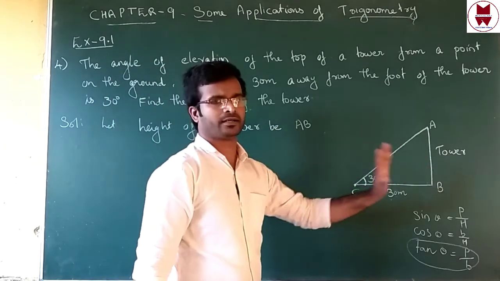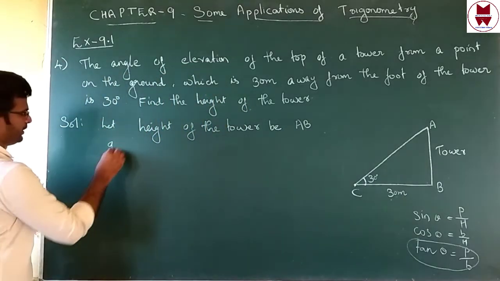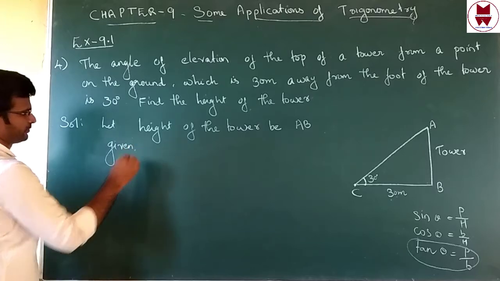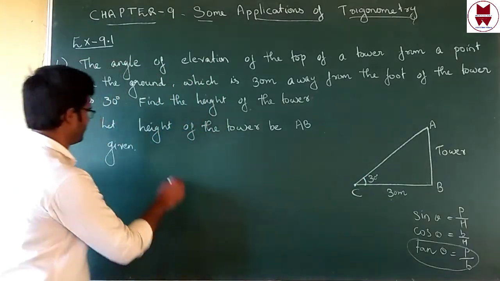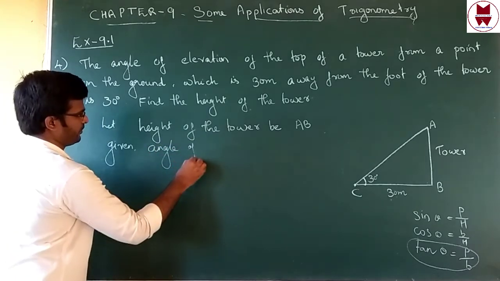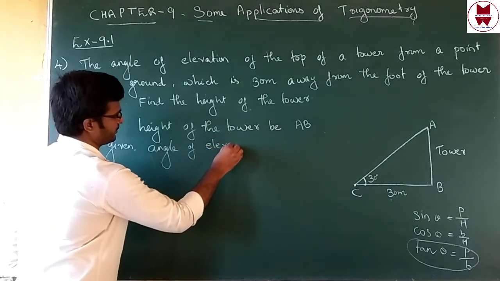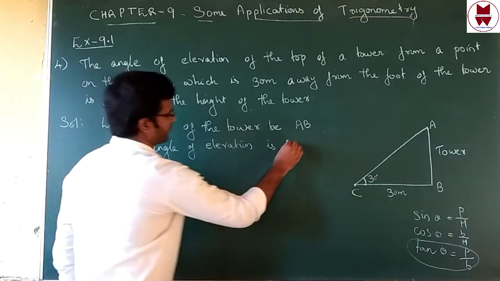AB is the height of the tower. Given: angle of elevation already given, that is 30 degree. You can write given angle of elevation is 30 degree.